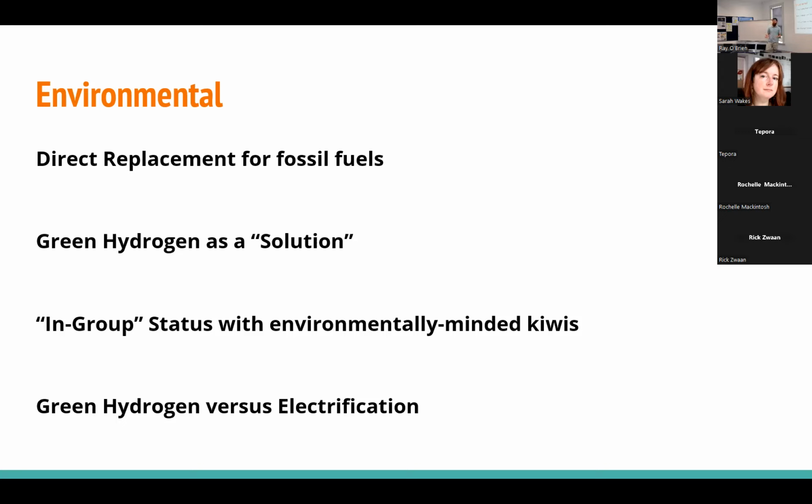There was no article that said, if you hate green hydrogen, you're a monster. But it came through in almost all of the articles that it was assuming the same values, with strong use of deictic we and us, and assuming a sense of community with environmentally minded New Zealanders. So this is immediately attempting to take the same form as something like solar panels or wind turbines.